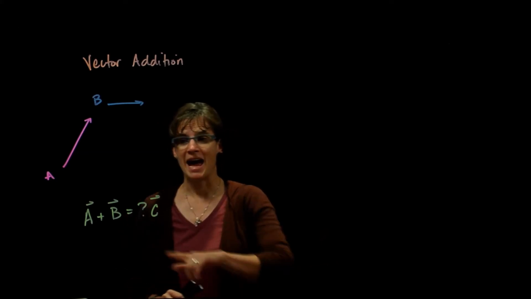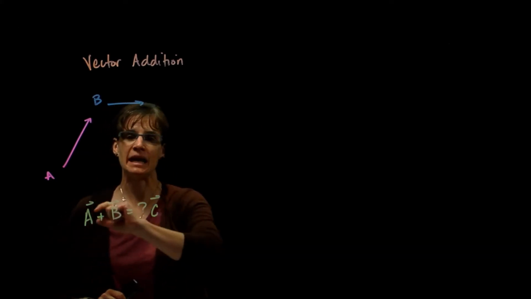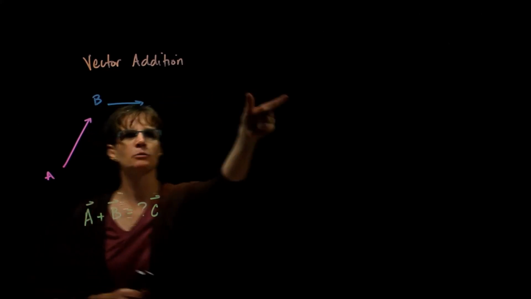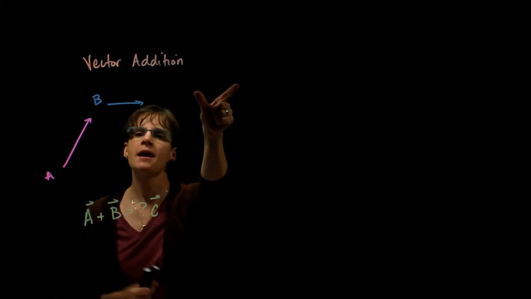So if I want to add vector A and B together, I can take this vector B and move it over here, over here, over here. I want to be strategic.